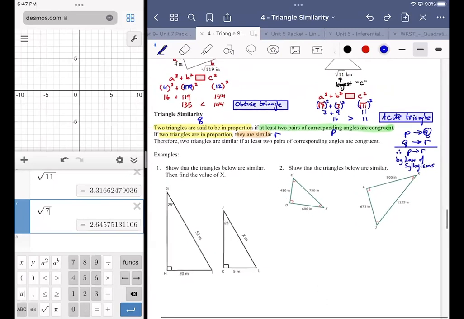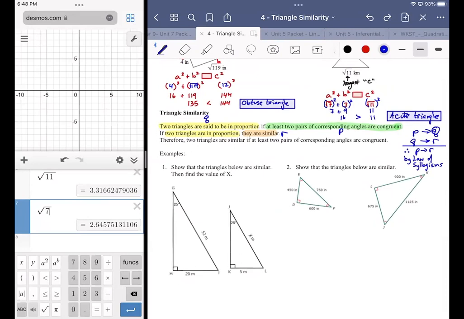So what we just proved here is if two pairs of corresponding angles are congruent, then the triangles are similar, which is what they say in the therefore. Two triangles are similar if at least two pairs of corresponding angles are congruent. So the logic gets you there. The conclusion comes from the logic, not just from figuring that must be how it works out.